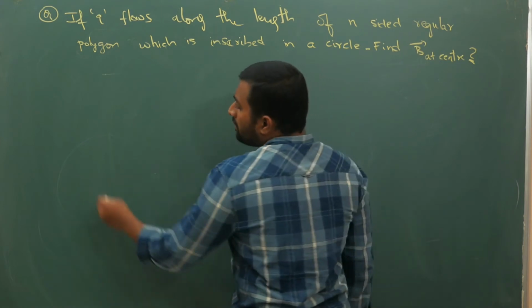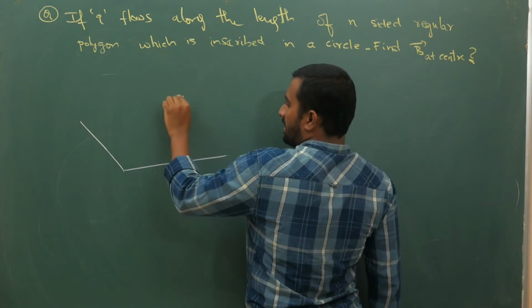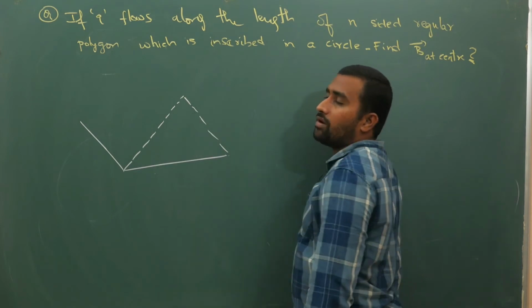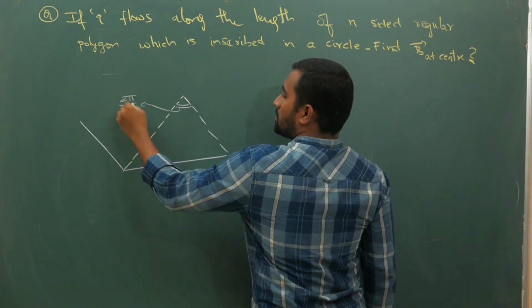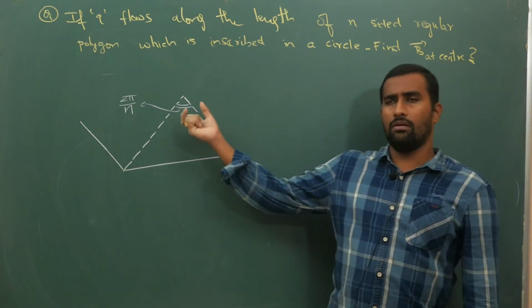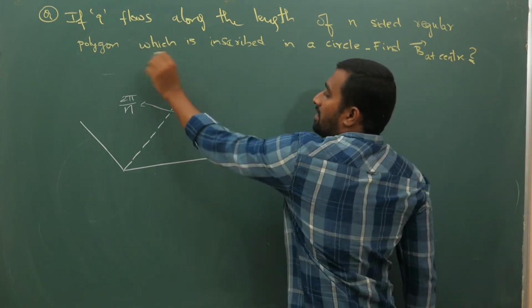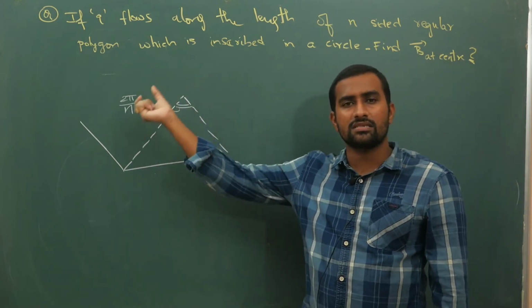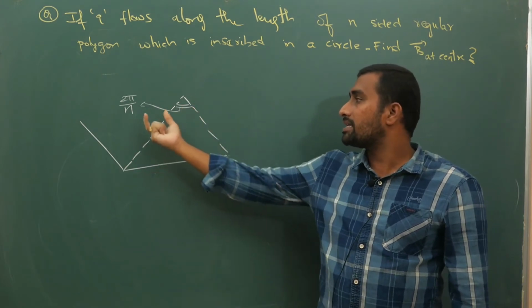Now out of that n-sided polygon, if you take a particular side, this side will form an angle of 2 pi by n at the center, because the sum of angles because of all the sides together is going to be 360 degrees for the complete circle. For a single side, it is 2 pi by n.